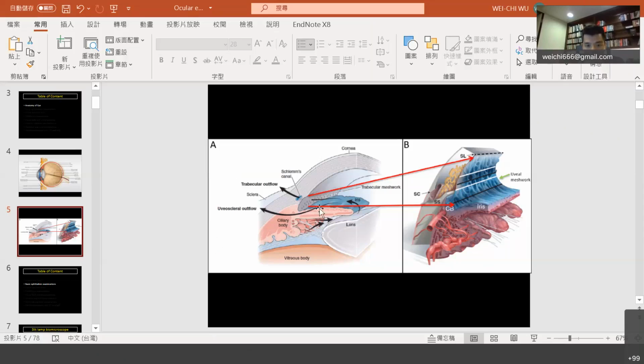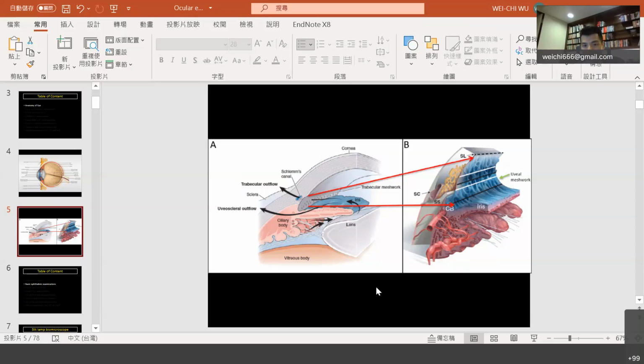Under glaucoma condition, you have either topical eye drops to block the ciliary body production or help the drainage of the aqueous, or you have surgery. If the medication doesn't work, you have surgery. You could make a channel here trying to reduce the pressure in the eye, so that the pressure could be maintained adequately within the eye.